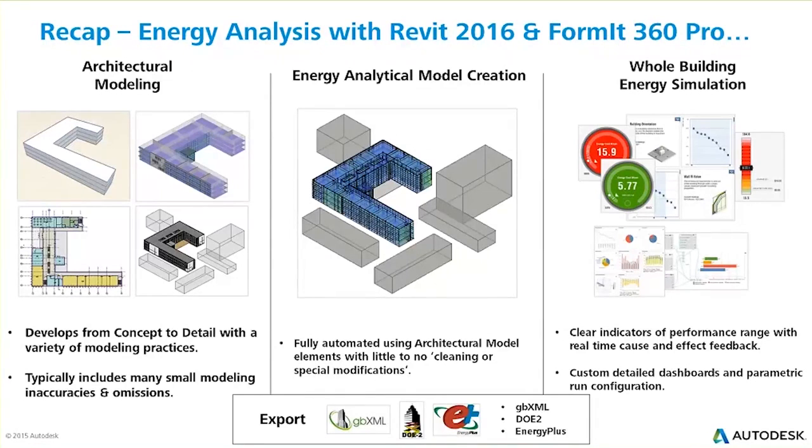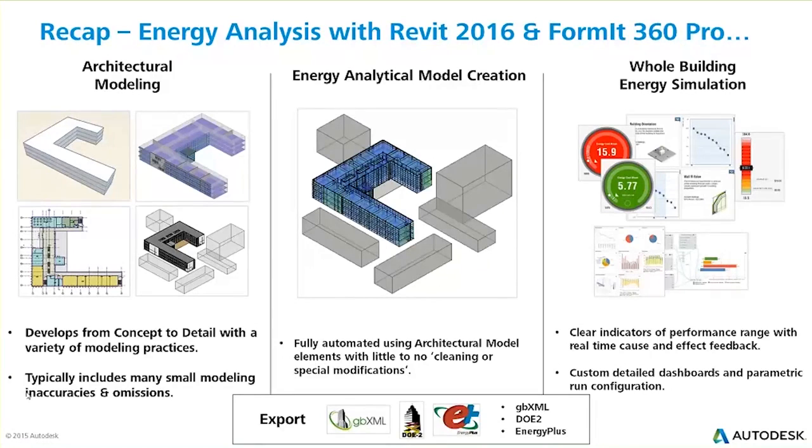But the thing is, it allows you to very quickly, as I said, use that as a guide to make decisions about your building form, or then use from a targeting and feasibility perspective to understand, well, what really is the role of glazing? What really is the role of wall properties? So rather than getting bent out of shape about wall properties, we can see very quickly whether they're important or not, and then continue down through the workflow. There's obviously many more advanced things we can do in here as well around configuration of the simulation. And then, of course, as I mentioned, you can also export GBXML, DOE2, and EnergyPlus.